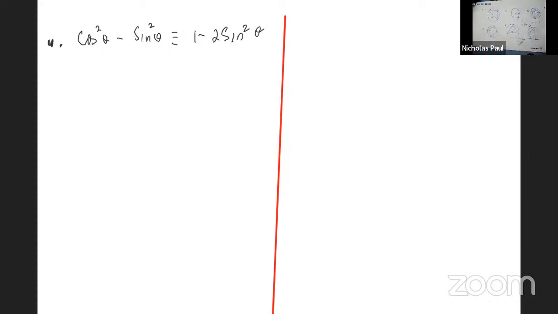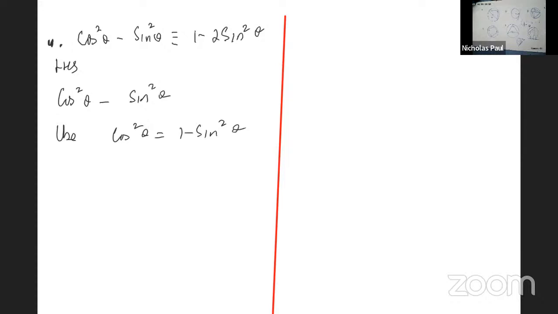All right, let's see. Left hand side, cos squared theta minus sine squared theta. Right? And then we are going to use cos squared theta is equal to 1 minus sine squared theta. The reason for that is that the right hand side has no cos squared, it only has sine squared.